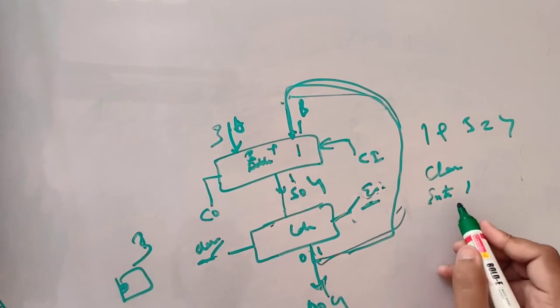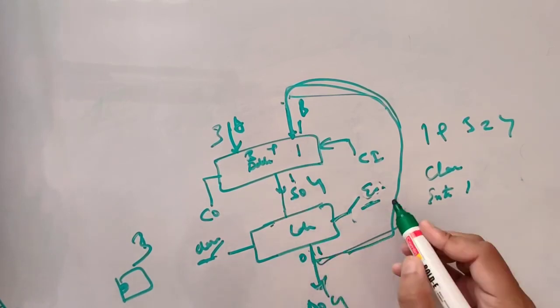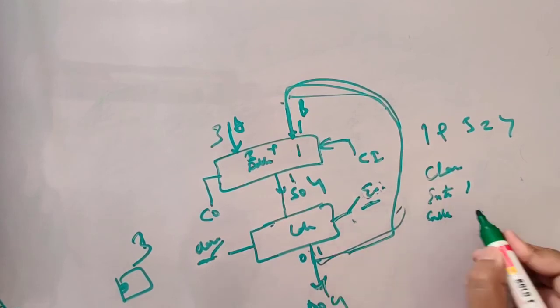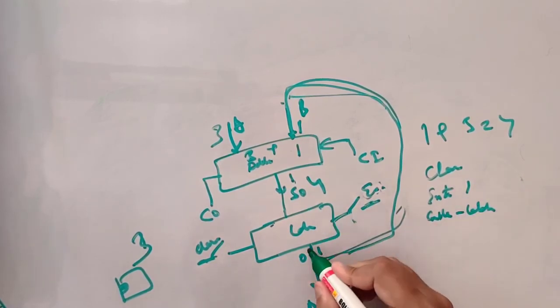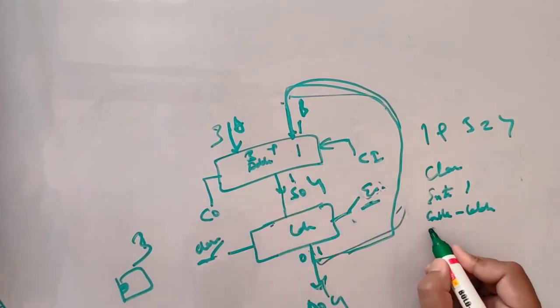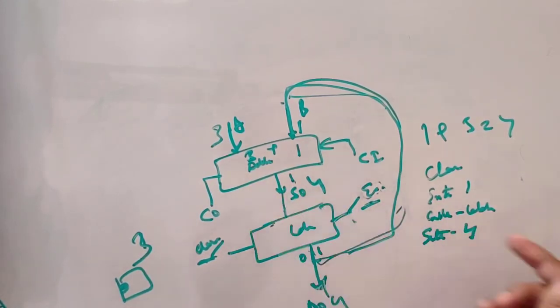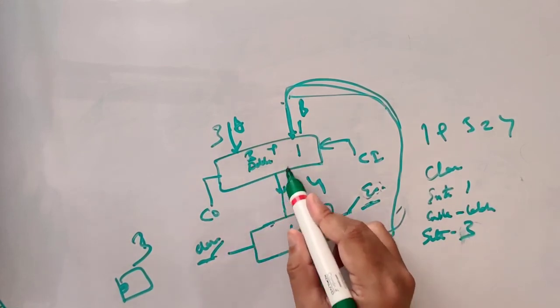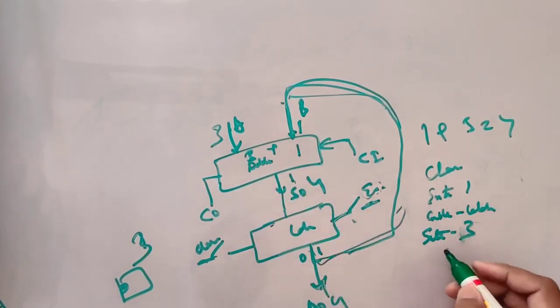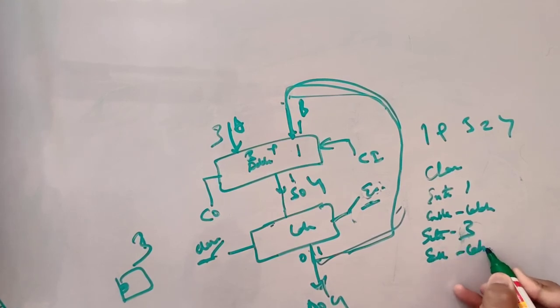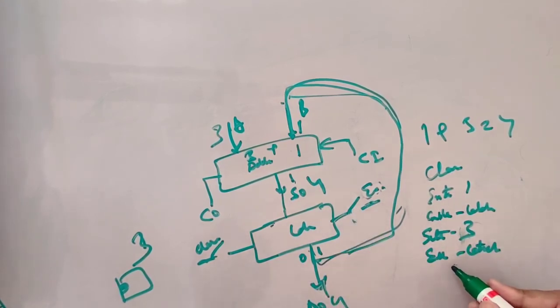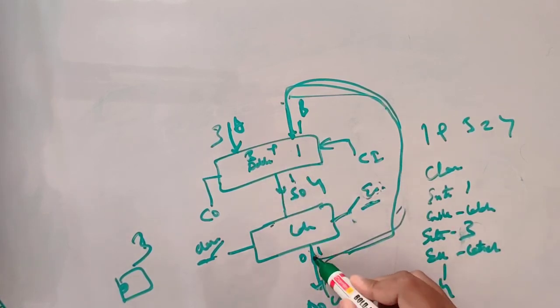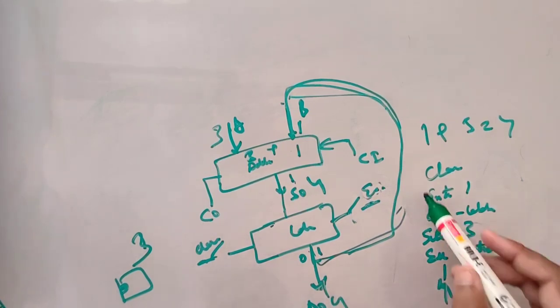After entering 1, we have to enable the latch, then this will go here, then we enter 3 and it will come here, and then enable the latch again, and so the sum would be 4 here. 4 would be coming to the calculator screen.